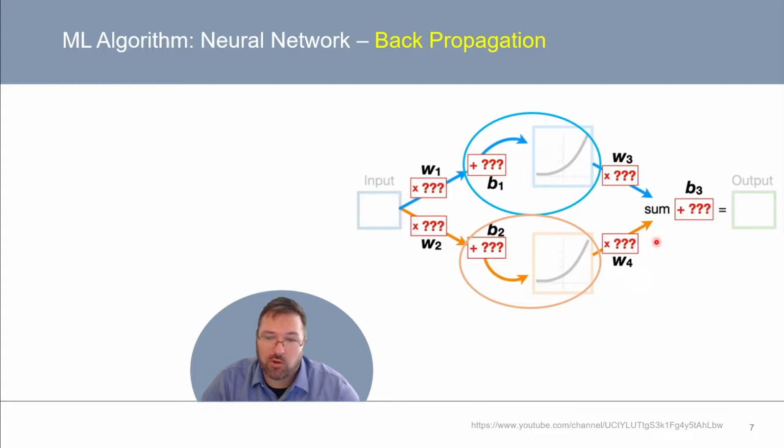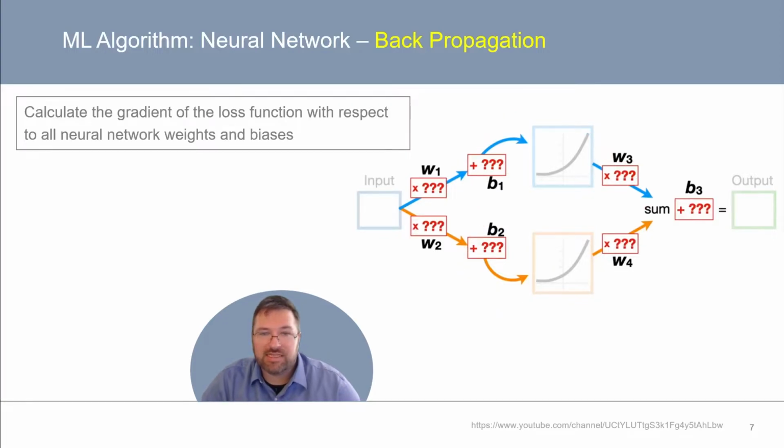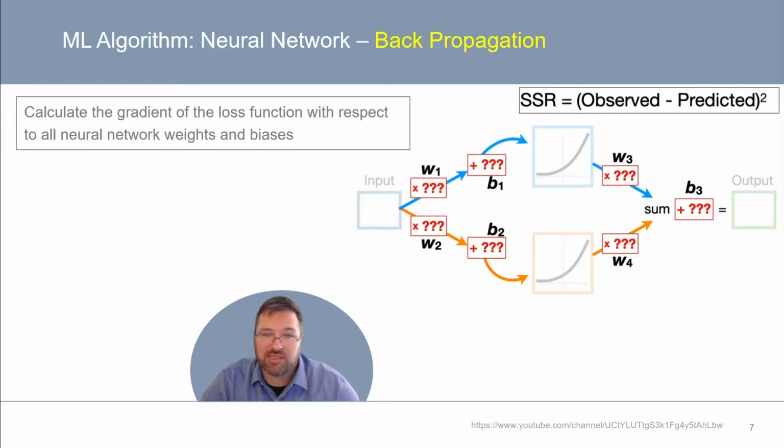Like in our previous examples with gradient boosting in our last video, and the training of a perceptron a couple slides back, our goal in backpropagation is to calculate the gradient or the derivative of the loss function in order to optimize one or more parameters, where here our loss function is the sum of the squared residuals, or SSR, which again is just the squared sum of the differences between the observed values from our training data and the predicted values from our model.